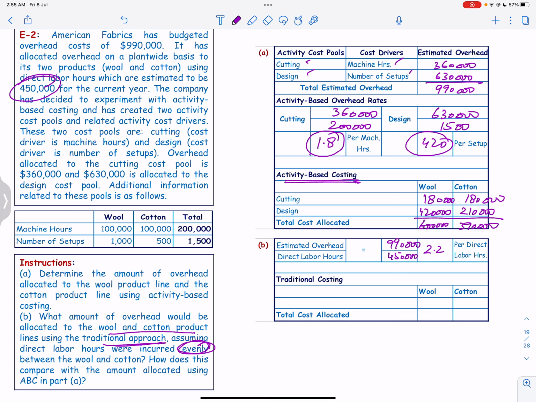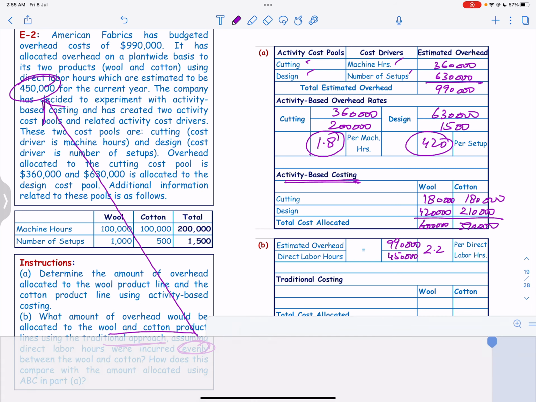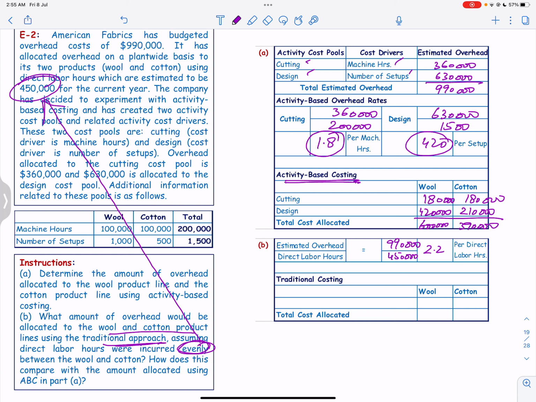And the total cost to be allocated, because it is evenly allocated, half will be allocated for wool. Half of 450 is 225, times 2.2.